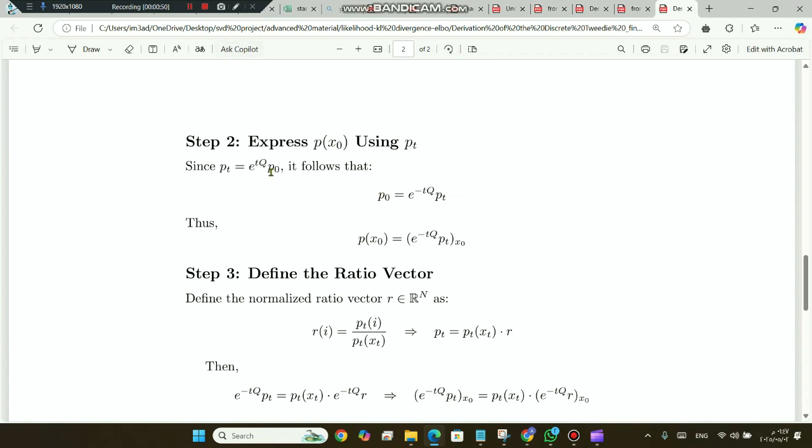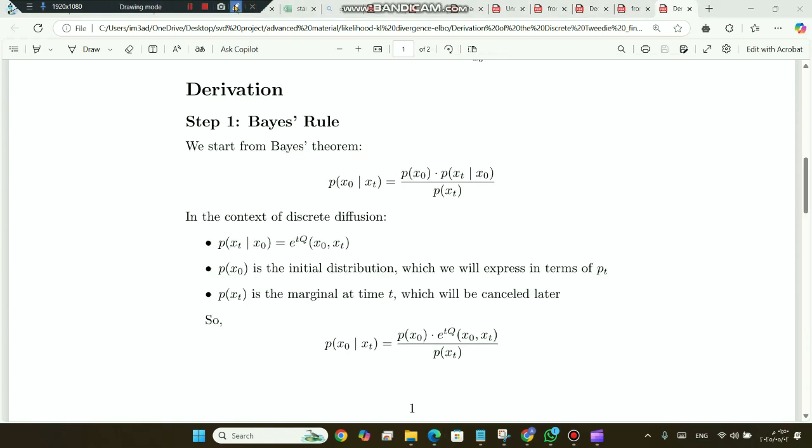Based on solving this differential equation, we got pt will equal e to the exponent of tq times p naught. Based on the solution that we have talked about, we will get this equation over here. It will say that the probability of xt given x naught will equal this element of the matrix.